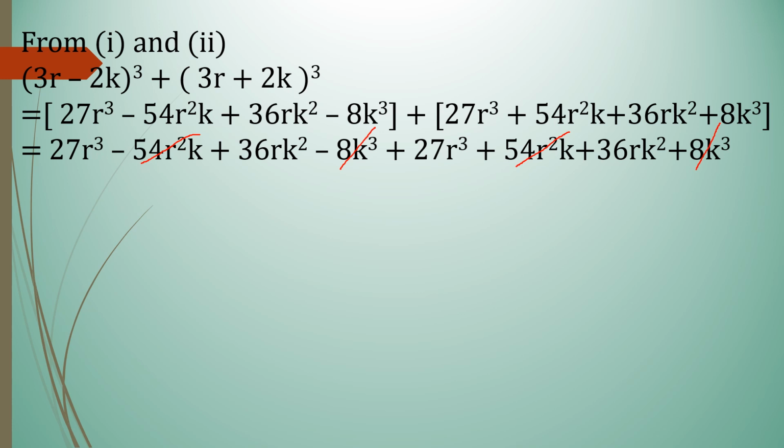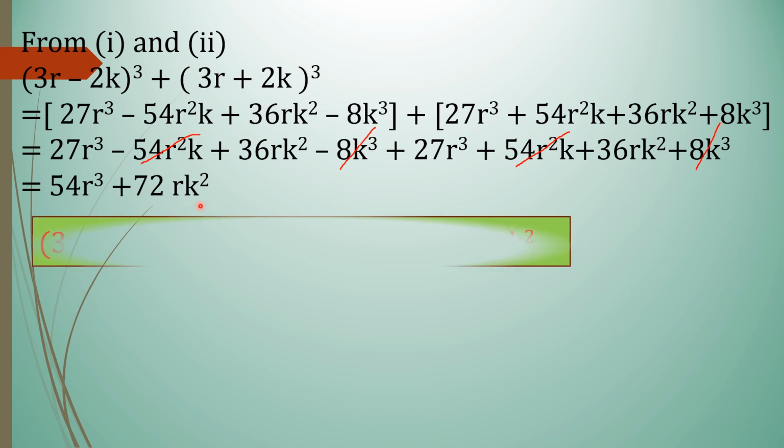Now further you'll add what is remaining. So 27 r cube plus 27 r cube, the answer will become 54 r cube, plus 36 r k square plus 36 r k square will become 72 r k square.